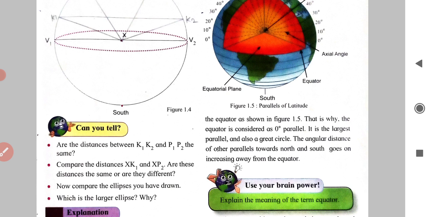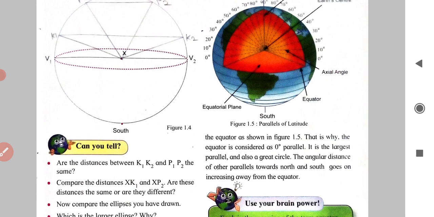The equator, as shown in figure 1.5, is considered the 0 degree parallel. See dear student, here is the equator. We have learned about the equator, which is 0 degree. This line is called the equator, which divides the globe into two parts.